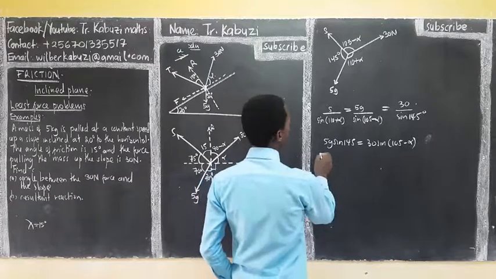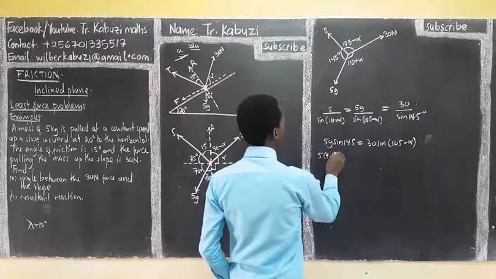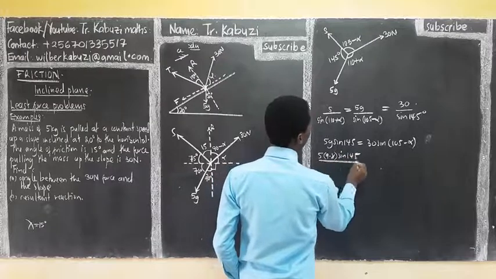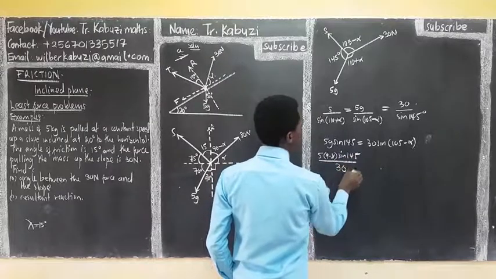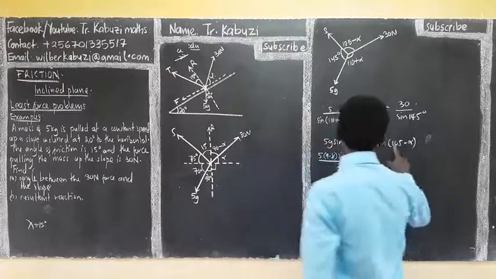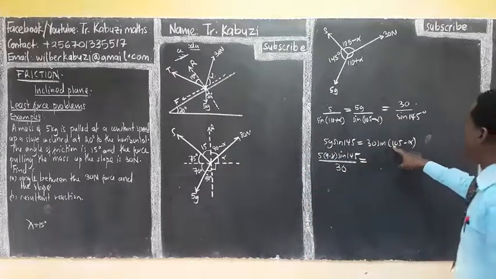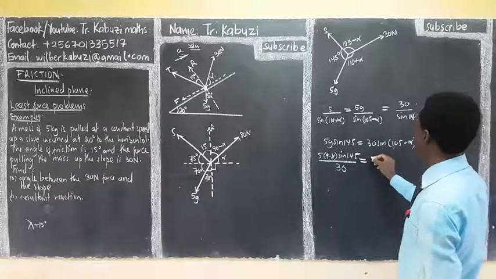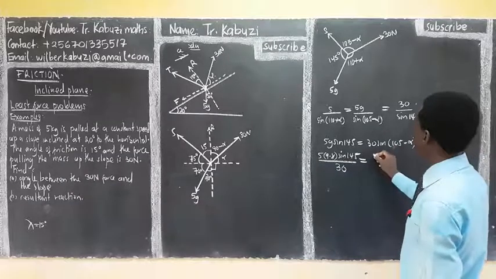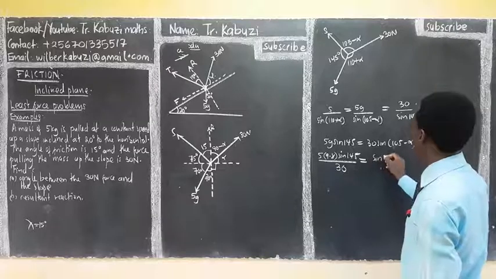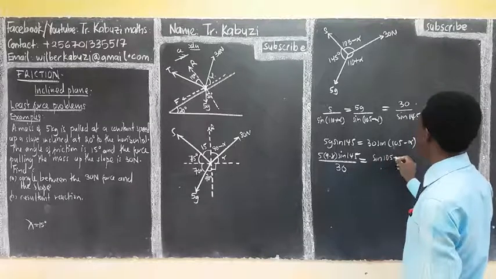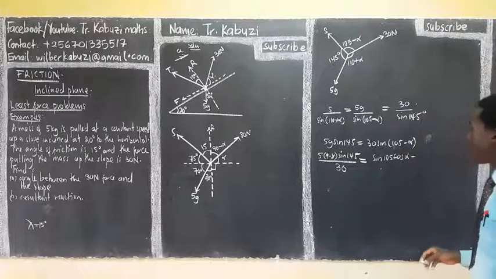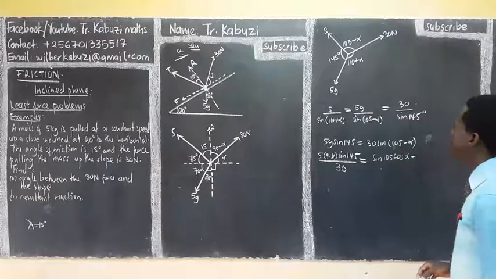So this side I have 5 times 9.8 times sine 145 all over 30, equaling to, we can expand this angle here. So this will be sine 105 cos alpha.